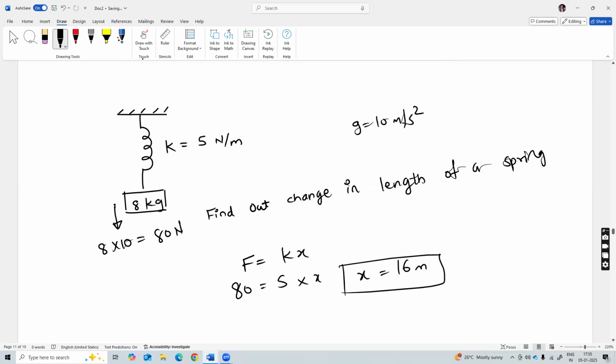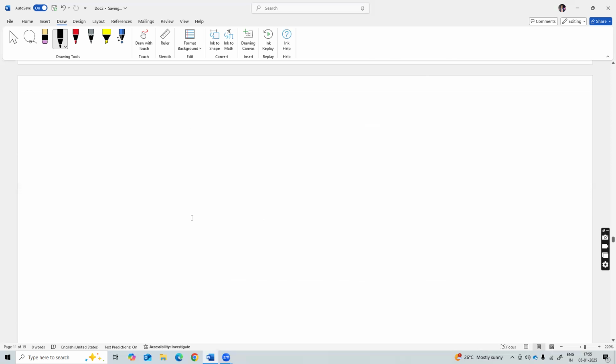Now we will see what will happen to the spring constant if we arrange the springs in some manner. Basically, we will see the combination of springs.